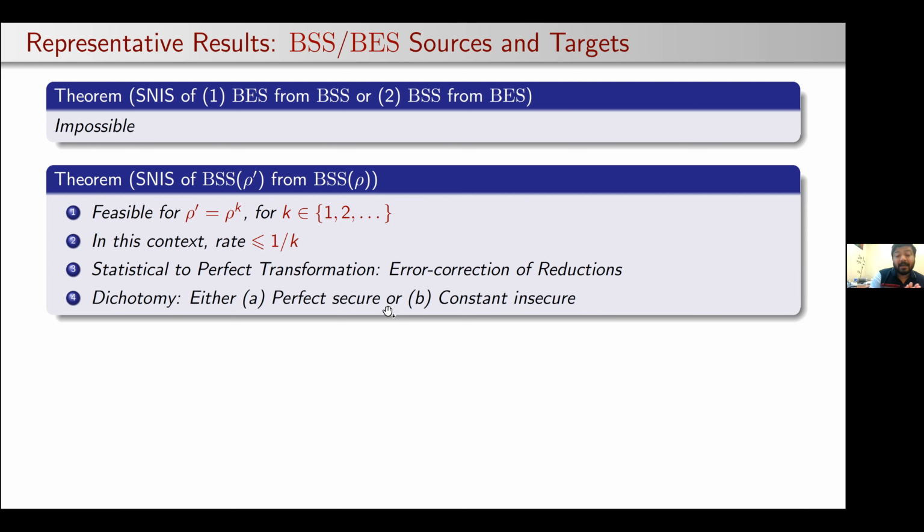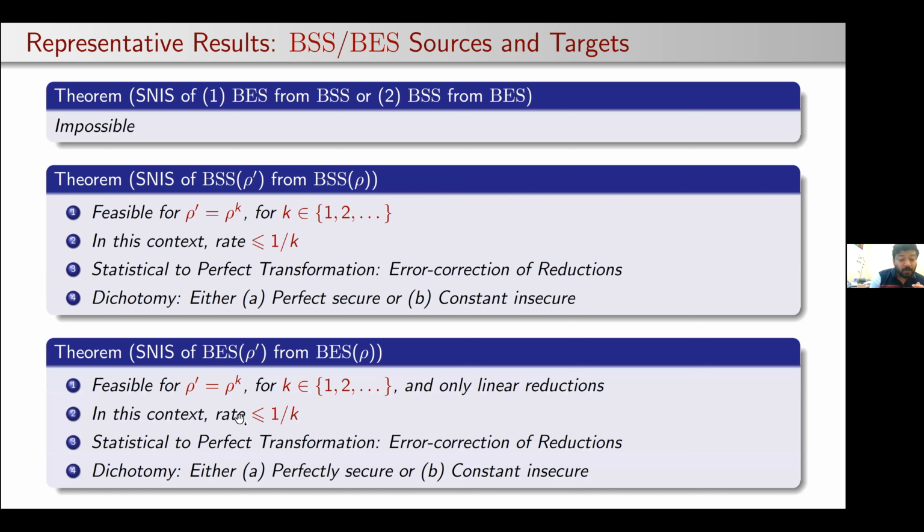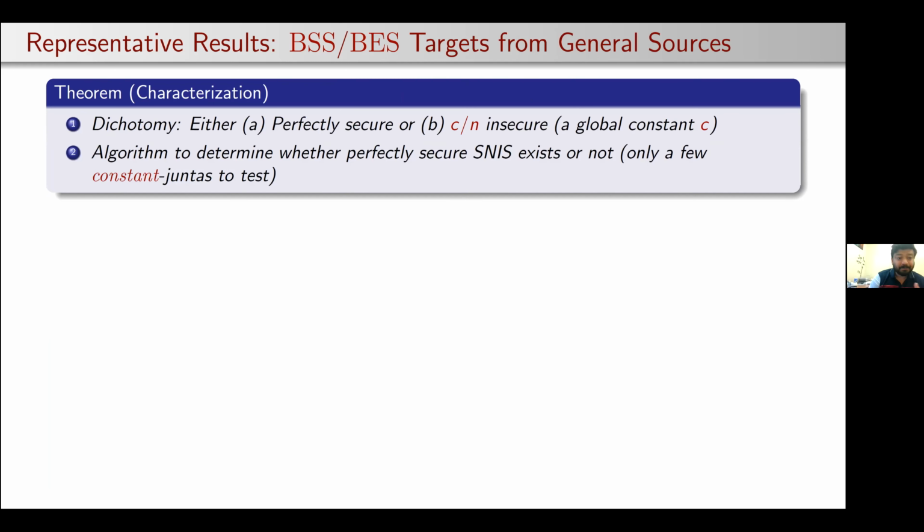Otherwise, having insecurity tend to 0 is impossible. We prove similar results for self-simulation of binary erasure, noisy samples from binary erasure channel as well. However, in this talk, I will be considering primarily results from binary symmetric source because there are very interesting open problems that are left open by our work in that context.